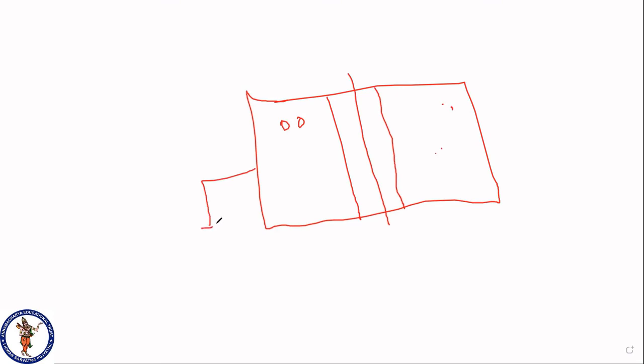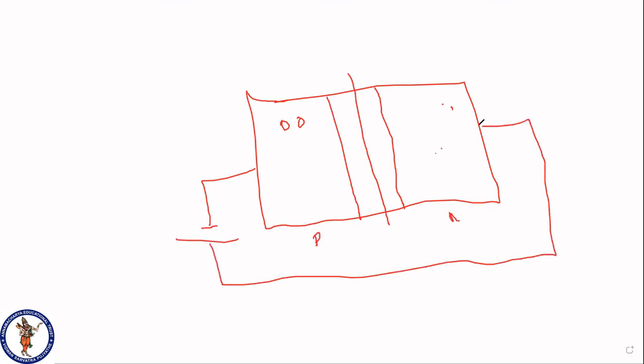If we apply a negative voltage to the p type and a positive voltage to the n type, the majority holes will try to attract, because this is the negative terminal of the battery. Because of this, the holes will try to move in this direction, away from the barrier.